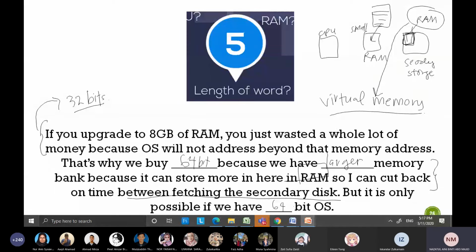And when this happens, your computer becomes so slow. That's why if your RAM is small, you can still run this program, but suddenly your computer becomes so slow because it actually uses the secondary storage as part of the RAM. We will learn more about virtual memory in the topic of memory management. I just give some idea here.